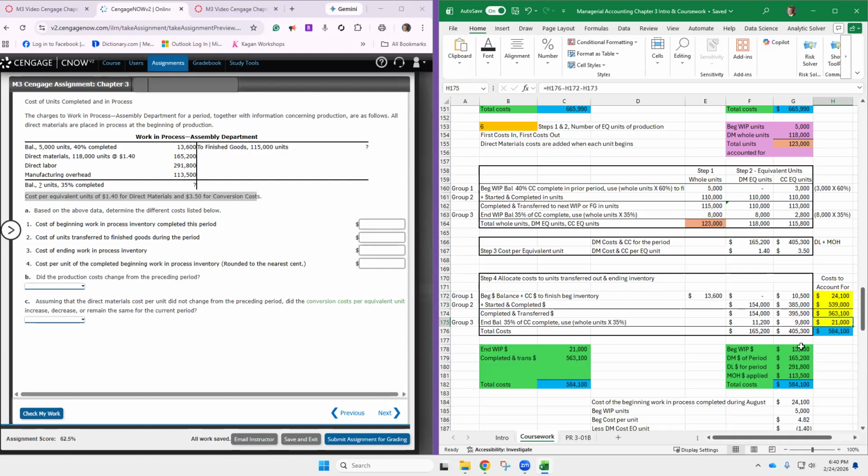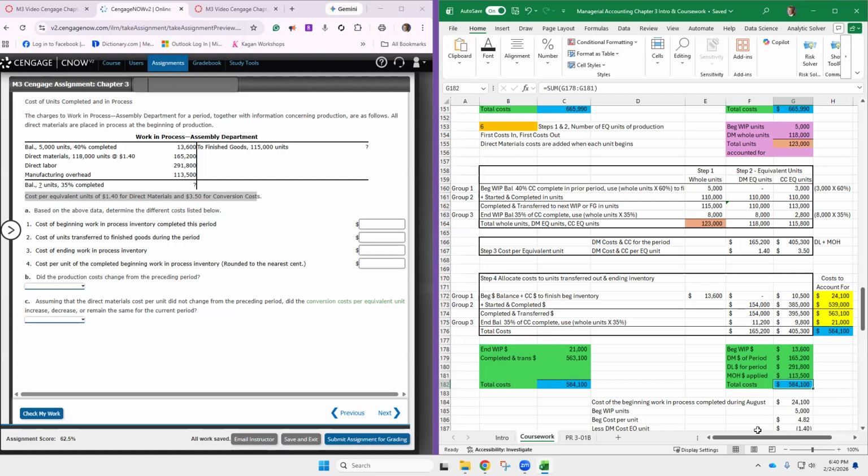Before we do, let's put in what we've got: 13,600 in beginning work in process, 165,200 in direct materials, 291,800 in direct labor, and then 113,500 applied to WIP.